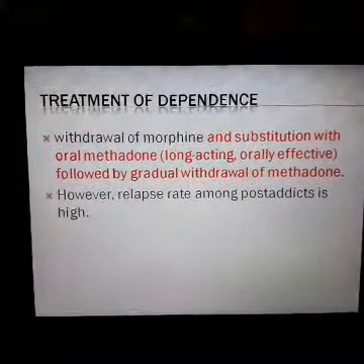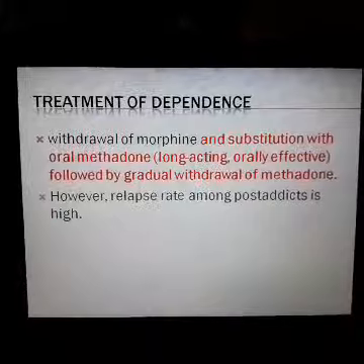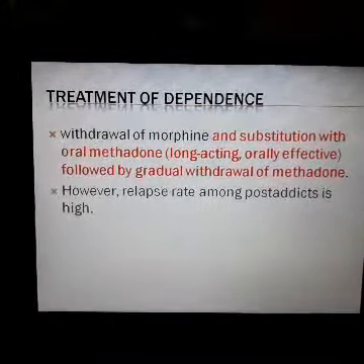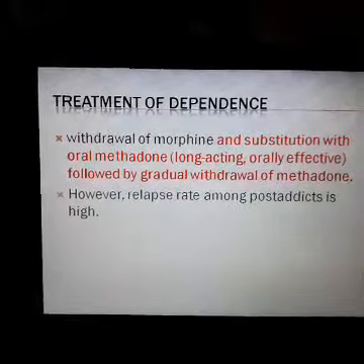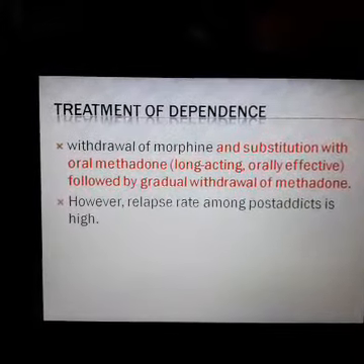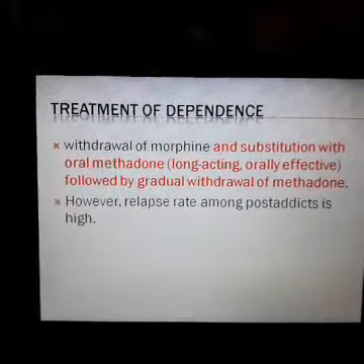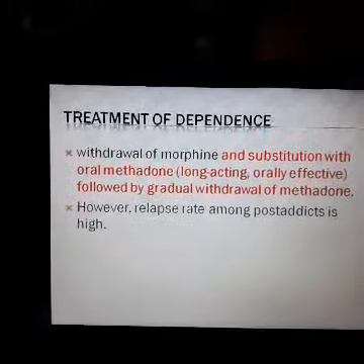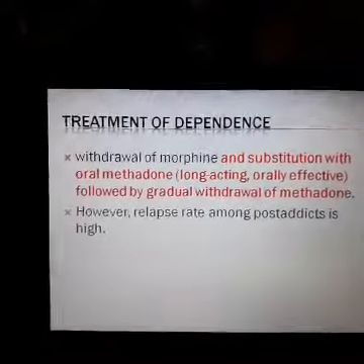So once a patient is given methadone, it occupies the receptor for a long time, and even if the drug abuser takes morphine or heroin, it cannot bind to the receptors which are already occupied by methadone. That's why morphine or heroin cannot produce that kick or euphoria.